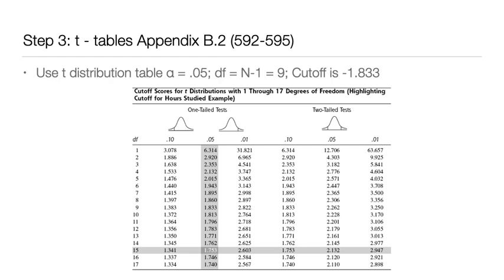In step 3, we're going to use our t-tables. Remember, our t-tables are different than our z-tables because there's not just one t-distribution, there's a whole bunch of t-distributions. The different t-distributions really depend on how many degrees of freedom there are. So the shape of that particular distribution is set by its degrees of freedom.